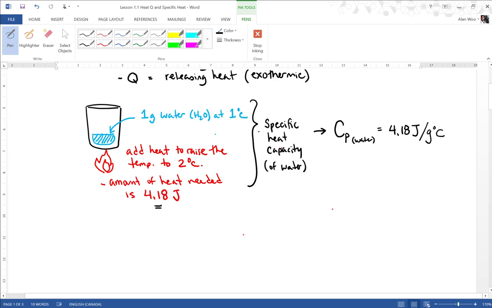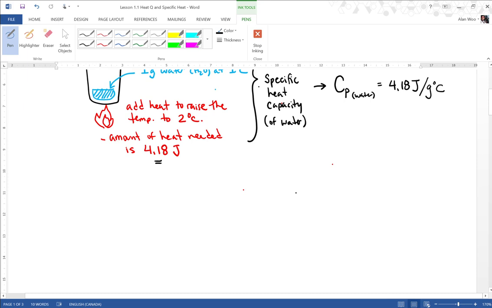So this means it takes 4.18 joules of energy to raise the temperature of 1 gram of water by 1 degree Celsius. That's what specific heat means.